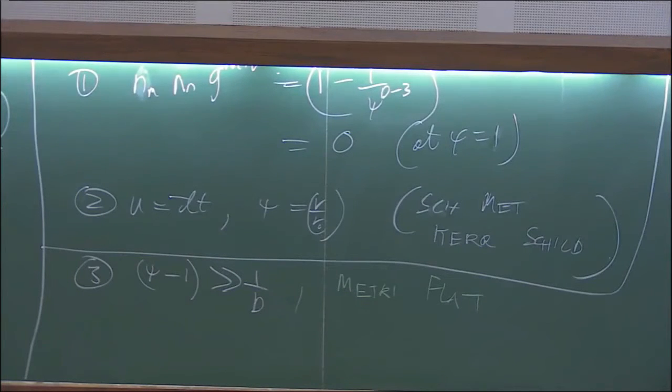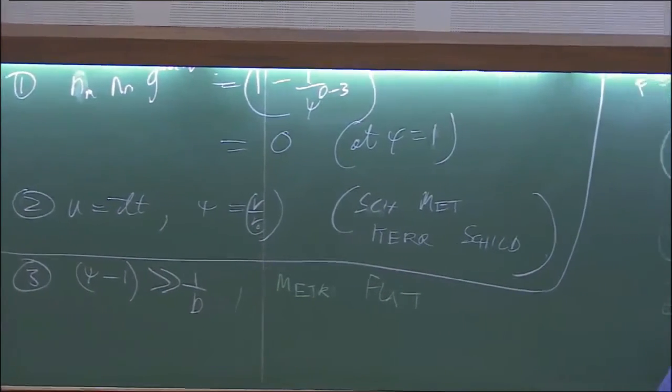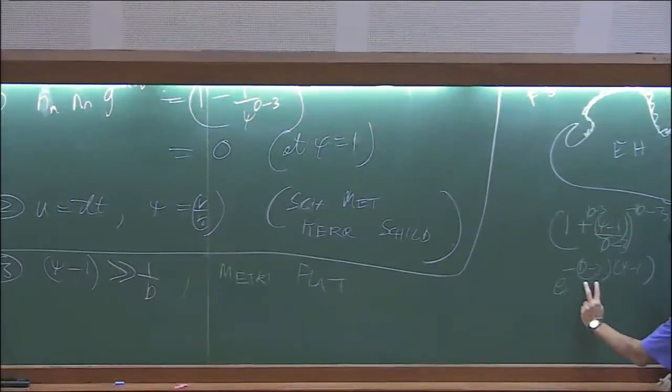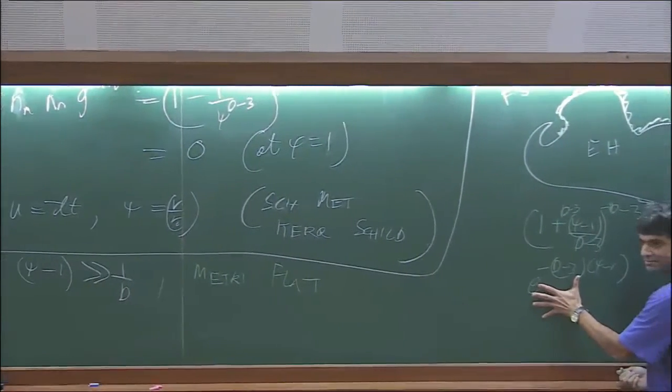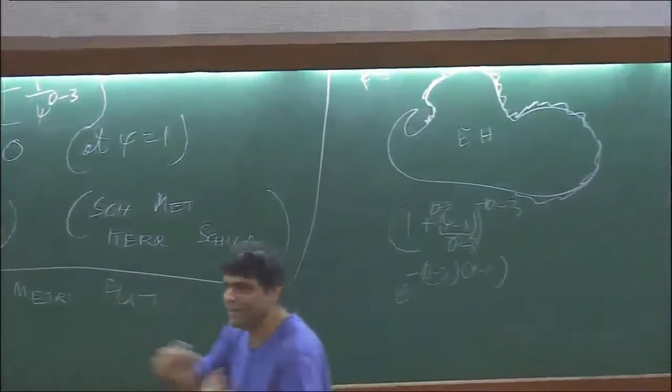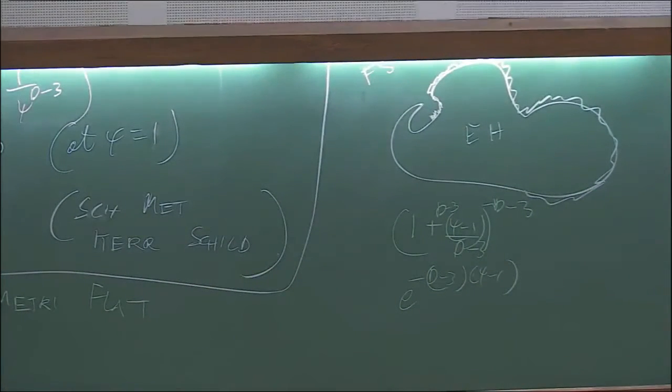Okay, divide and multiply by d-3. So this is approximately e to the power minus d-3 times psi-1. So when psi-1 times d-3 is much, much larger than 1, this can be ignored. Okay, so just estimating when that number goes to 0. Okay, great.